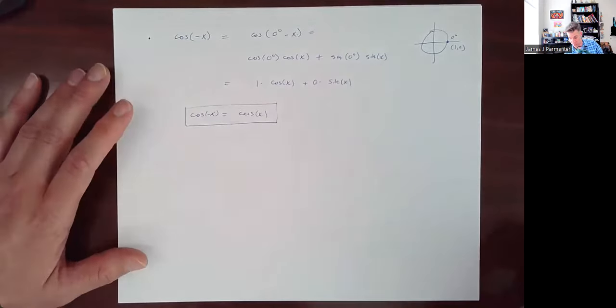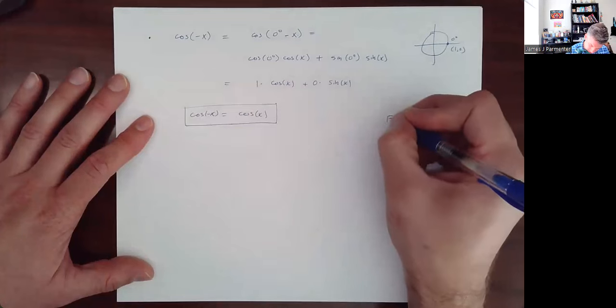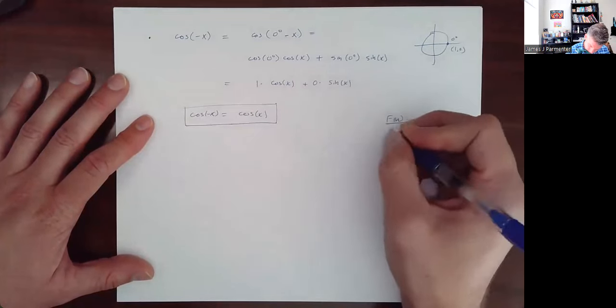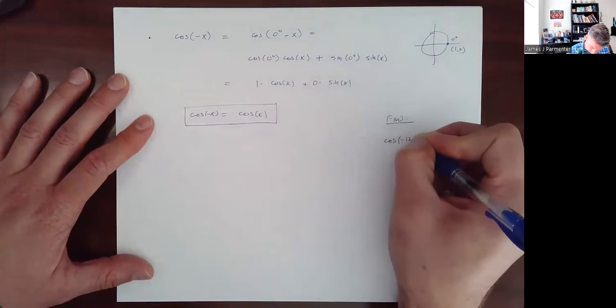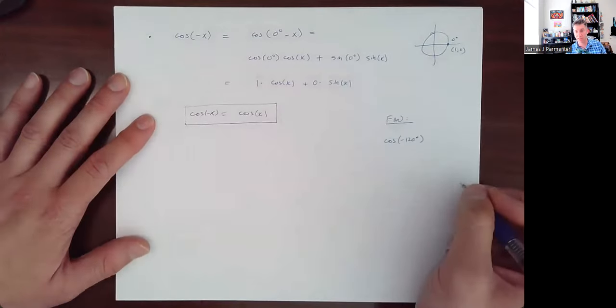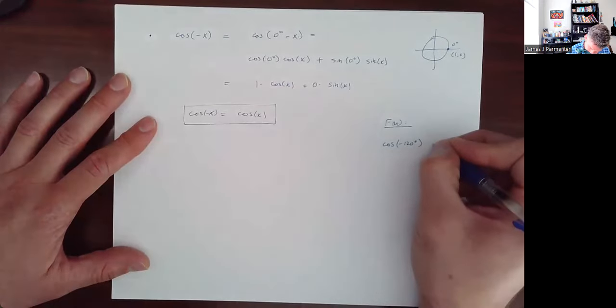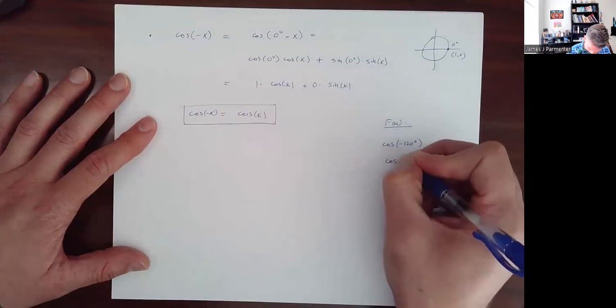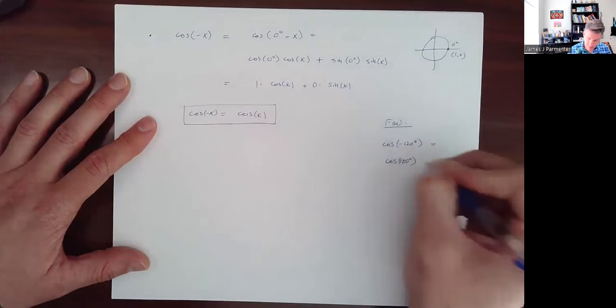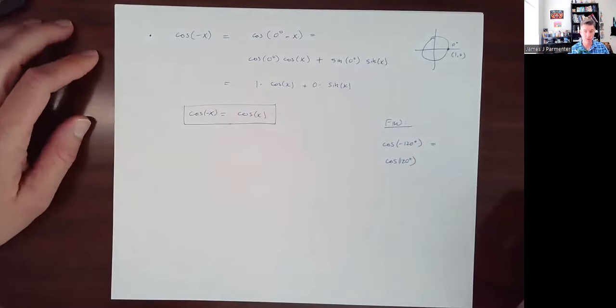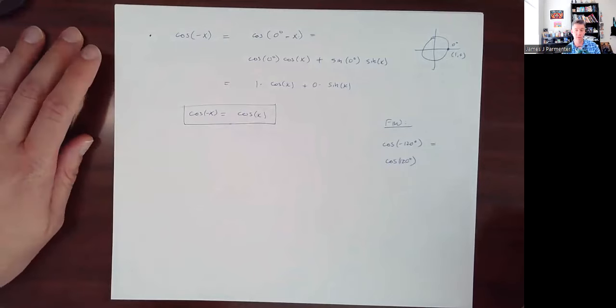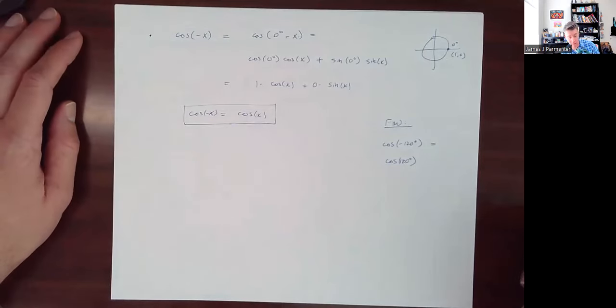So for example, if you ever had to find cosine of negative 120 degrees, you can just say, instead, I want to find cosine of positive 120 degrees. And that is a valid move you can make. It's always true that cosine of a negative angle is equal to cosine of the corresponding positive angle.